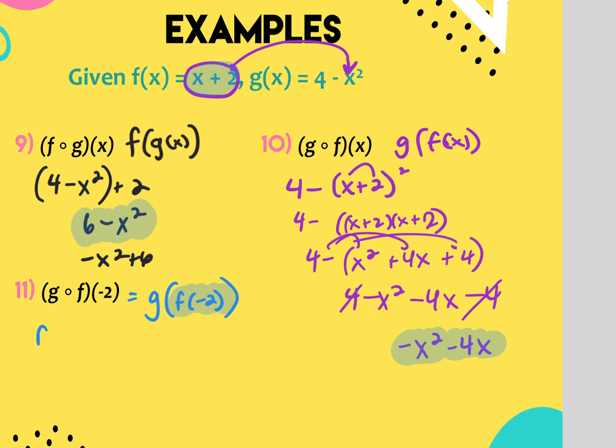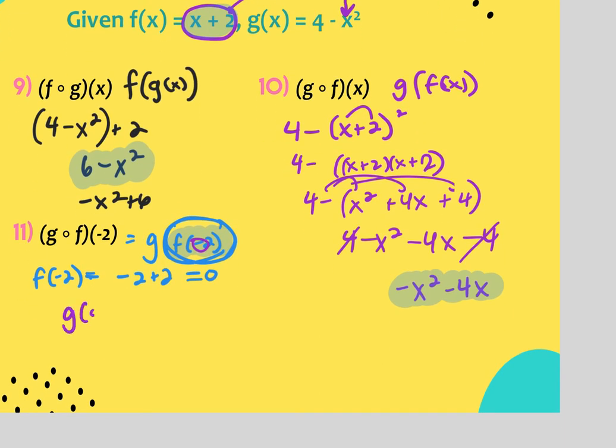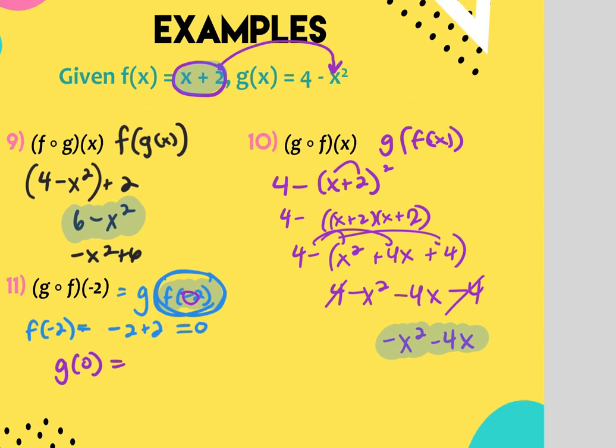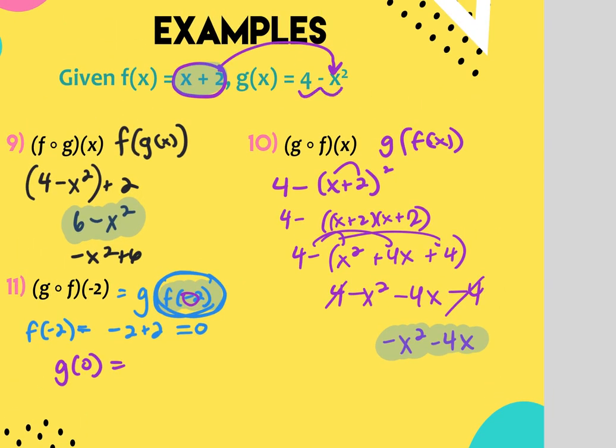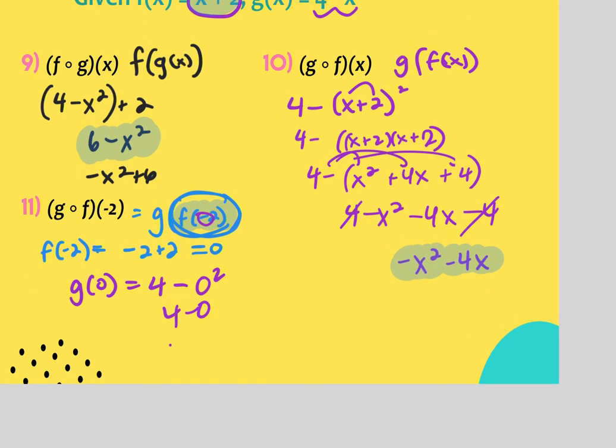And so f of negative 2 would be negative 2 plus 2, which is 0. And then this whole thing becomes 0, which means I'm finding g of 0. And then I go to the g. 4 minus 0 squared is 4 minus 0, which is 4.